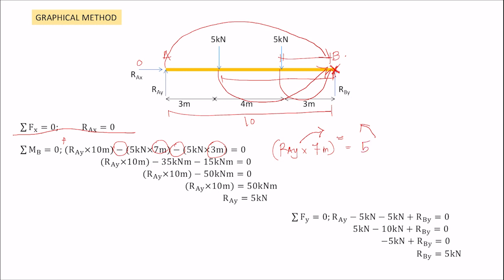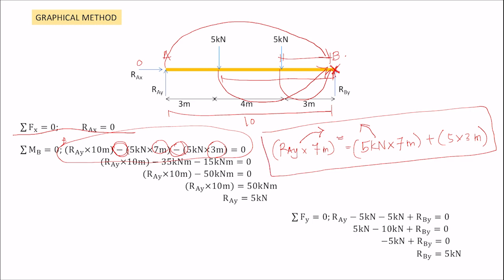Equal to 5 kilonewton because this one is counterclockwise, times 7 meter, and plus 5 times 3 meter. Sama saja macam ini. Okay, cuma this one dia negatif kat sebelah sini. So kalau you move it to the right, you will get the same equation as this one.